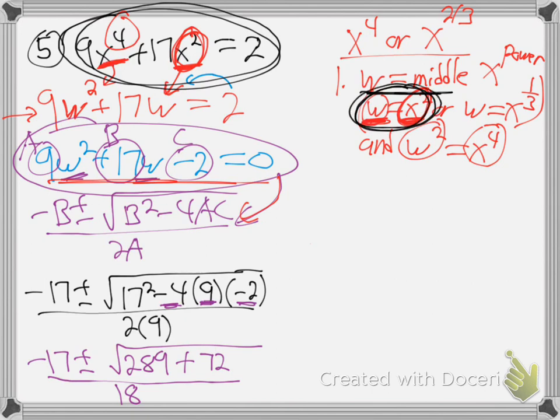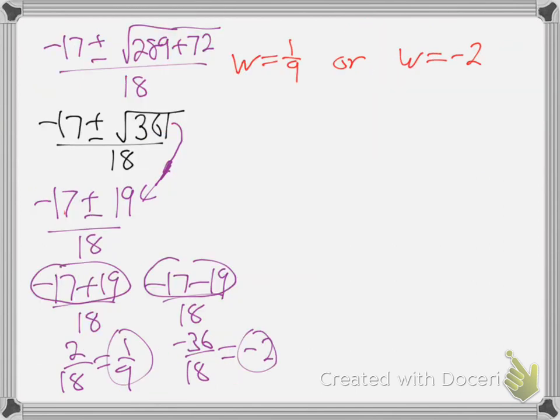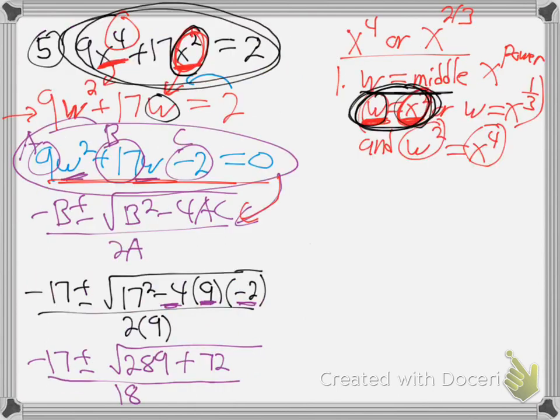W equals X squared, right? We let the middle X squared be W. So what is W? It's X squared. So when they say W is 1/9, that means X squared is 1/9. When they say W is negative 2, that means X squared is negative 2, right? That was the change we made. We changed to the different letter W. W is X squared.